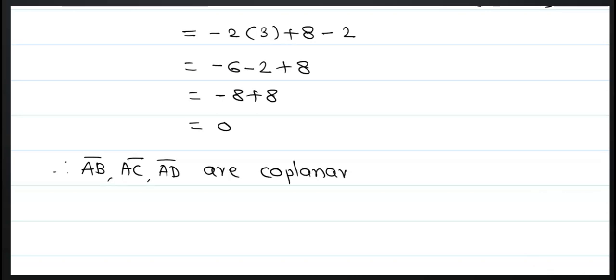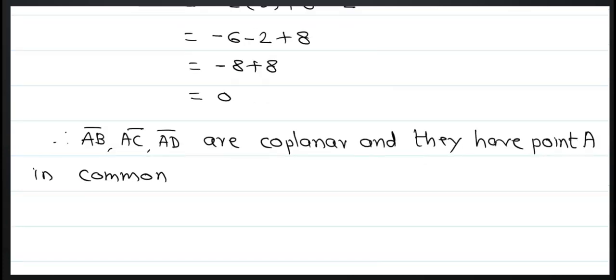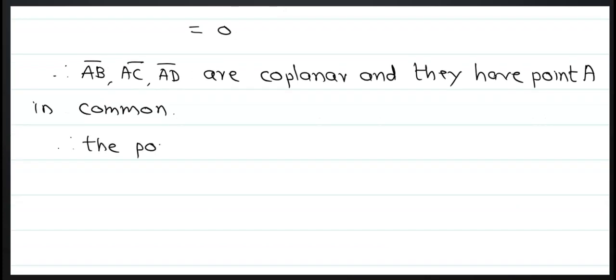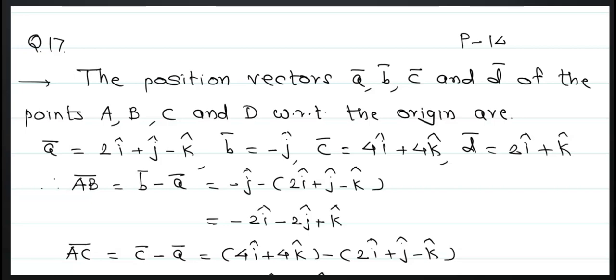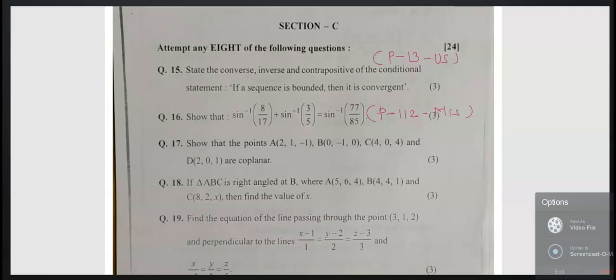AB bar, AC bar, AD bar are coplanar, and they have the point A in common. Therefore, the points A, B, C, D are coplanar. It is on page number 144.